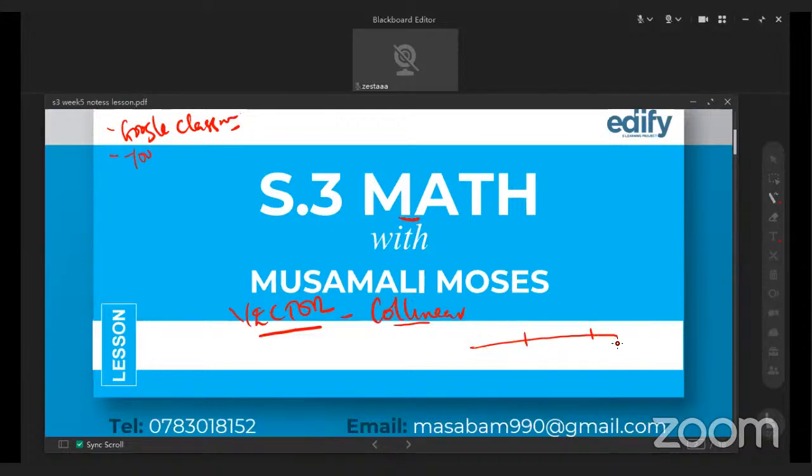How do we prove that they are collinear? We prove by showing that the lines are parallel. So the proof for parallel helps us to find out if 2 or 3 lines are collinear. When you prove that they are parallel, you can conclude that the points on that line are also collinear. So that is what we saw in our last lesson.